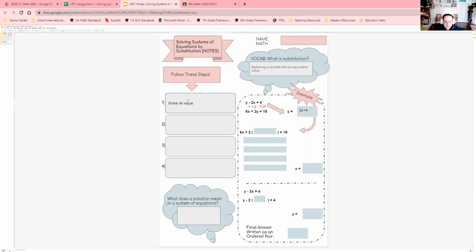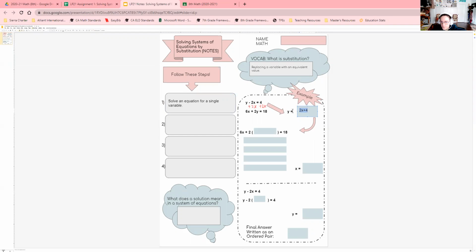So our first step is to solve an equation for a single variable, which is what we did here. We solved the equation to know what y is. We've rewritten it. Now, follow the arrow. Anywhere that we see a y, we can replace it because y and 2x plus 4 are exactly the same thing.